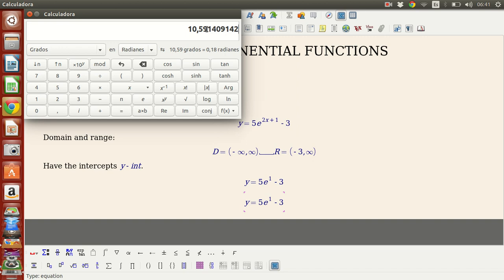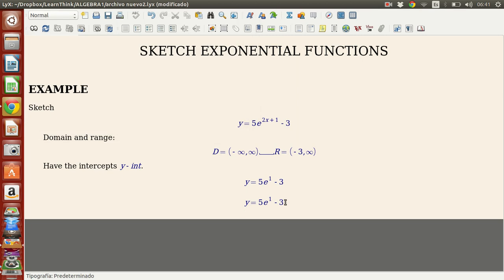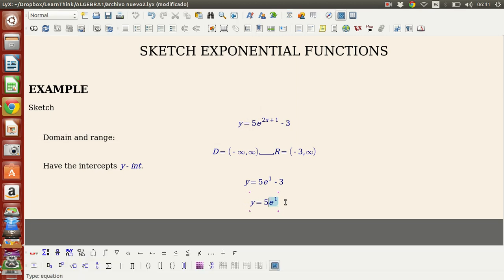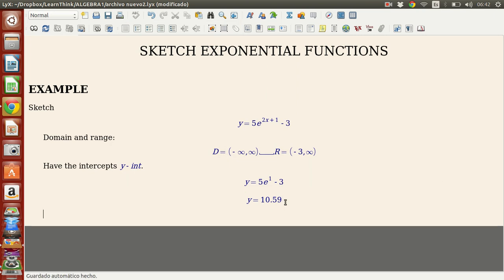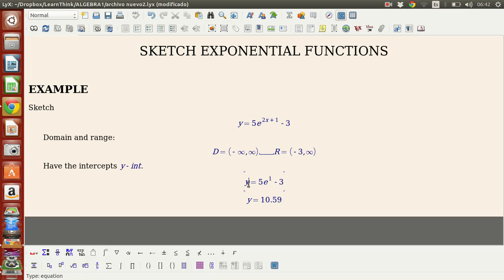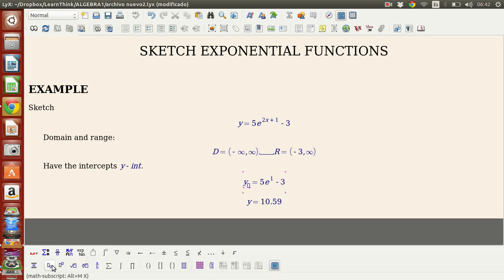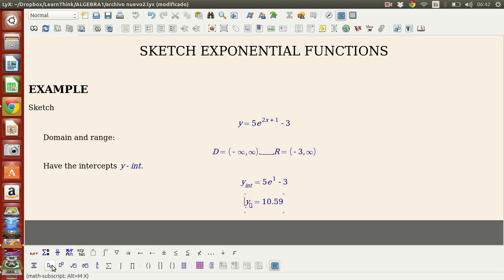You can write 2 decimal places: 10.59. This is the y-intercept. Let's use annotation to say that this is the y-intercept.